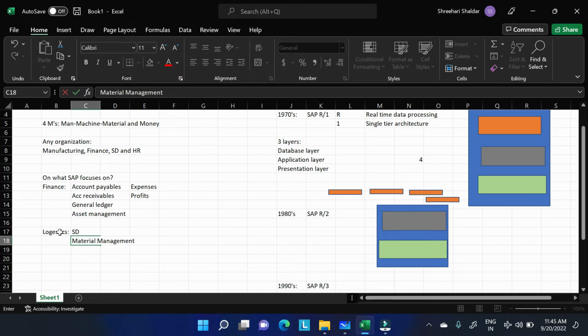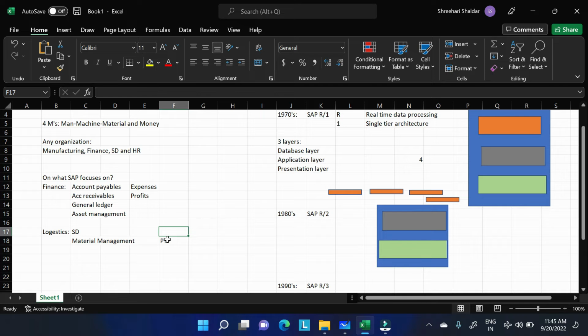In material management we get the cycle called the PTP cycle, which is the procure to pay cycle. It means you are procuring the material, and until you pay the vendor, that is the part of the procure to pay cycle.